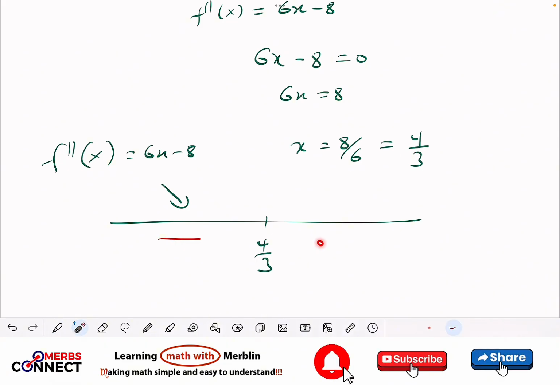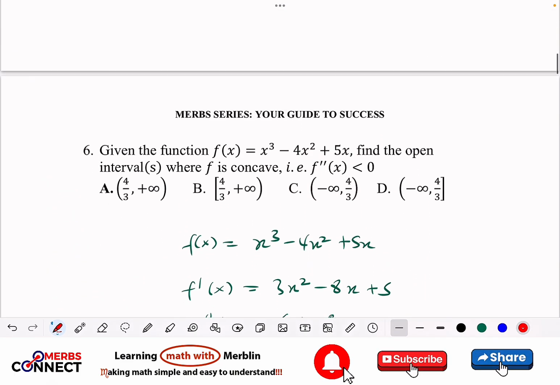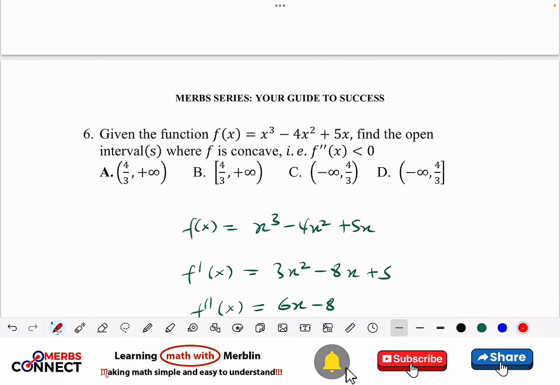Pick anything here, let me say 2, and plug it in. When I plug in 2 here, I'm going to have it to be positive. So this is going to be concave up. But what's the question asking us? The question is asking us to find the open intervals where f is concave.